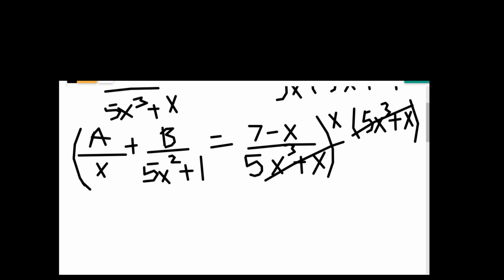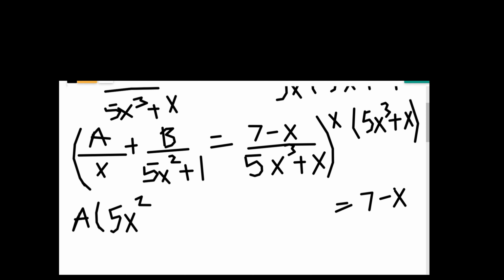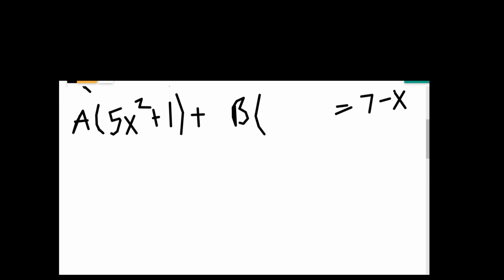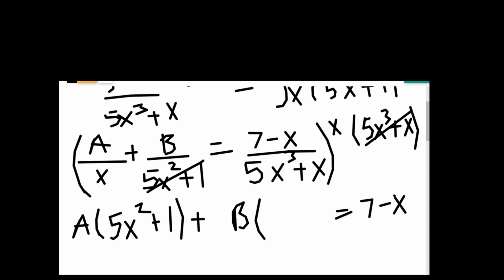Now again, this is going to cancel out with the denominator. We're going to have 7 minus x on this side. And then on the left side, we're going to multiply it with the a over x, and we're going to get a times 5x squared plus 1, and then plus b times, and then this is going to cancel out with the 5x squared plus 1 and just leave x, and we're going to get b times x.